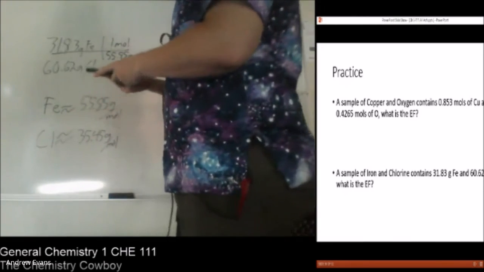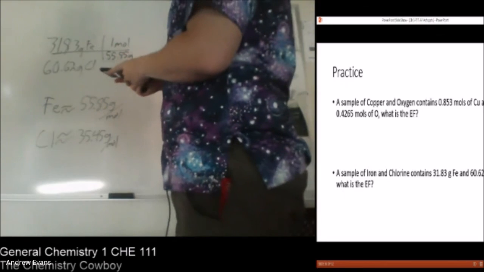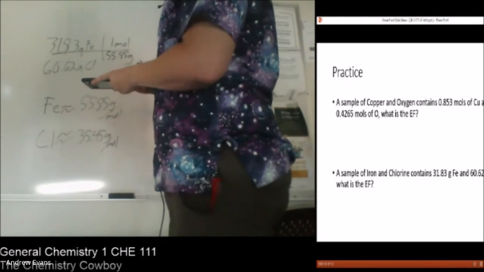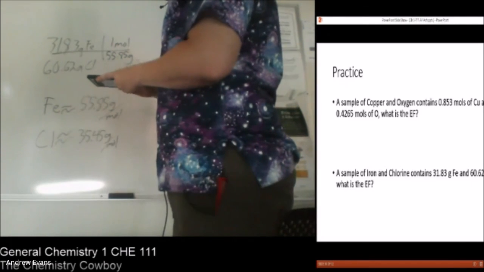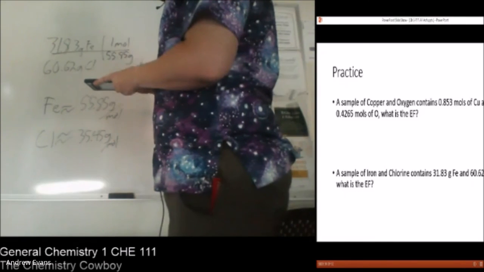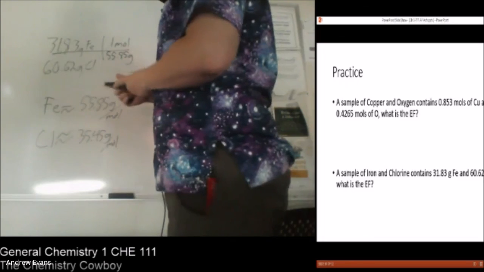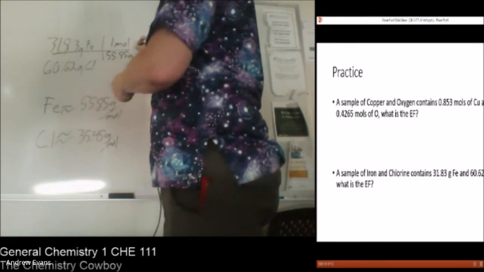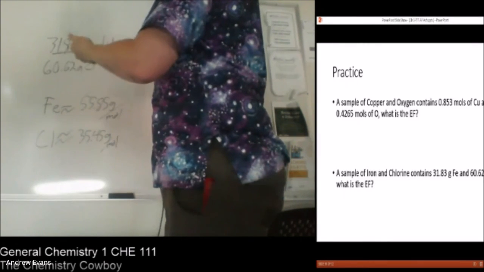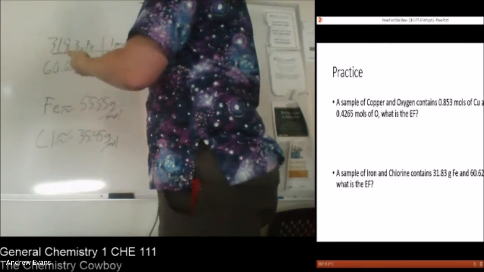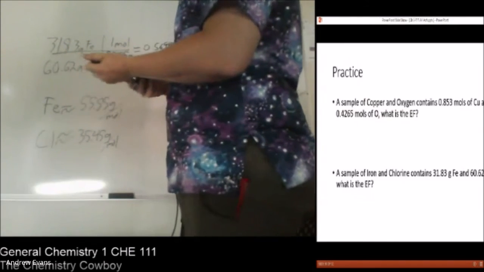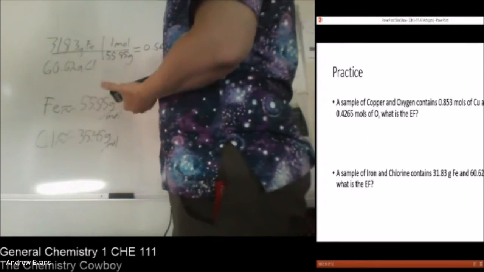So what's 31.8 divided by 55.8? Doing that math real quick, I get 0.5699. That's moles of iron.